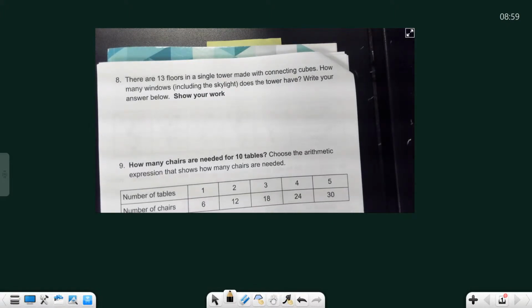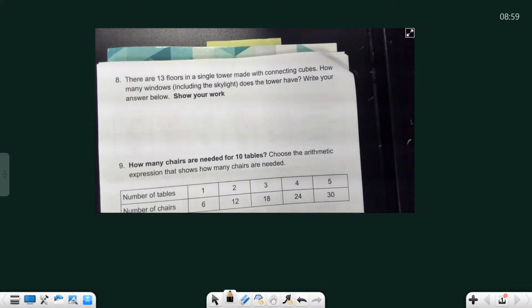A single tower. How many cubes does it take to make a single tower? Christian? Just one. So, if we have 13 floors in a single tower, how many cubes do we have in all? Josie? 13. Write your answer.